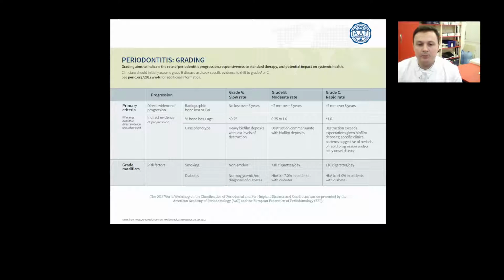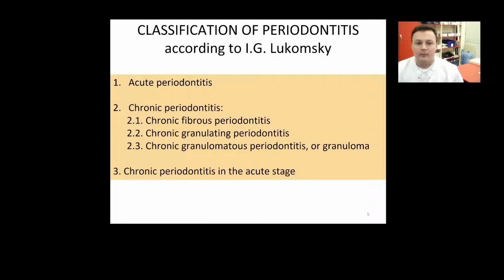Indirect evidence is based on the assessment of bone loss at the worst affected tooth as a function of age, measured as radiographic bone loss in percentage of root length divided by the age of the subject. The periodontitis grade can be modified by the presence of risk factors.